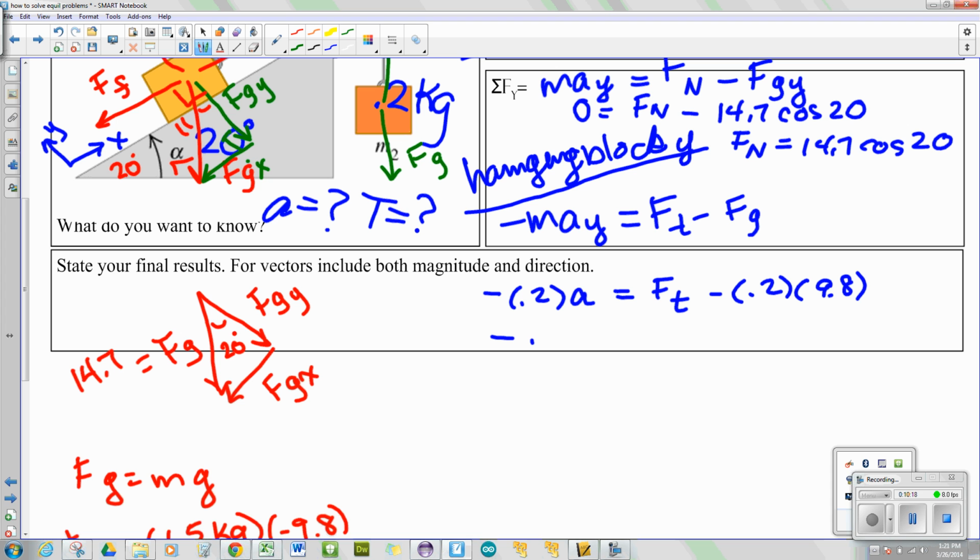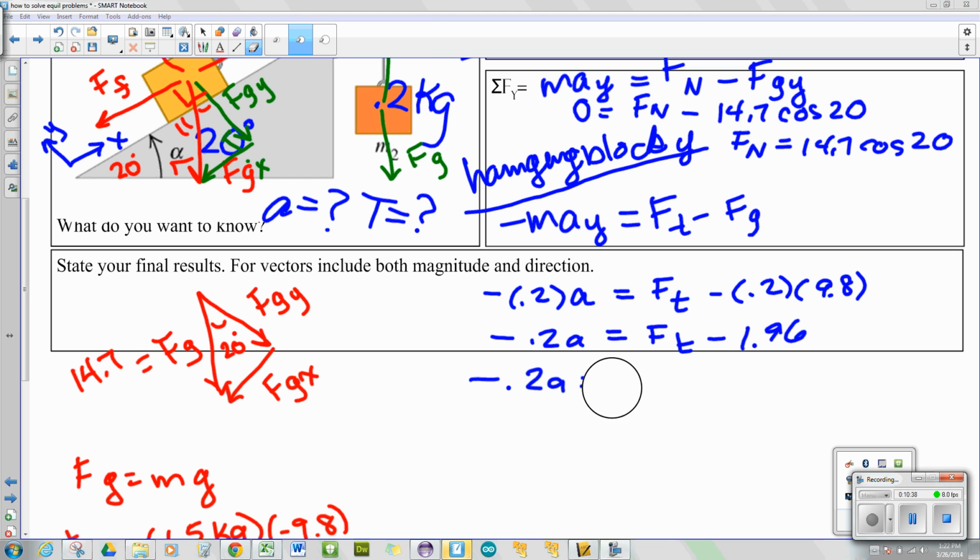So we get negative 0.2a equals Ft minus 1.96. So if I move this over here, by adding 1.96 to both sides, I can get Ft by itself.